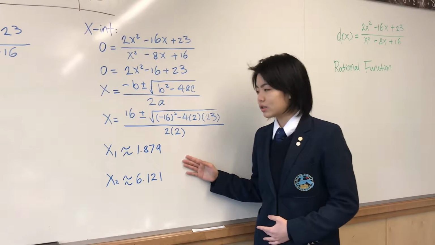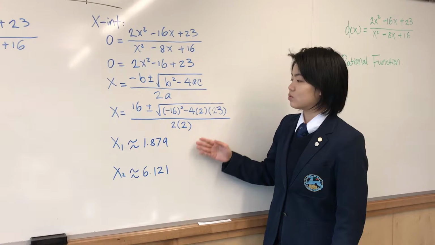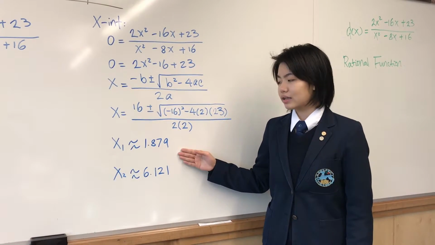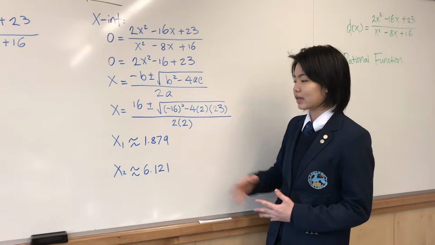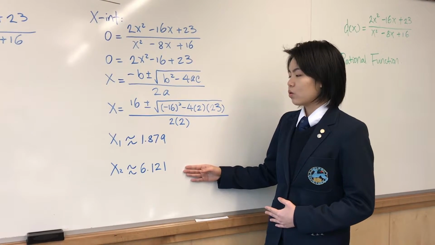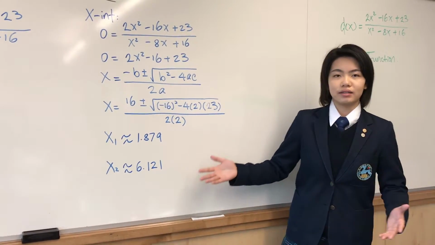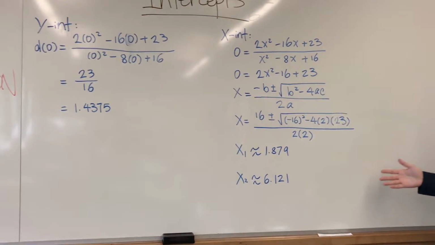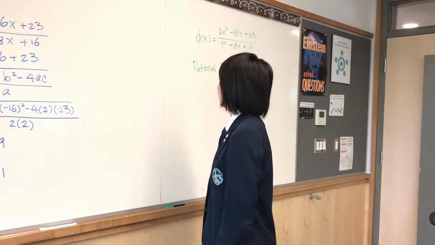When we substitute all these numbers, we get the first x-intercept is 1.879, and the second x-intercept is 6.121. And look at this amazing calculation for this function. It's magnificent.